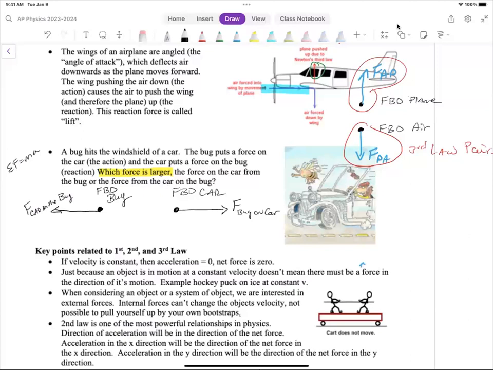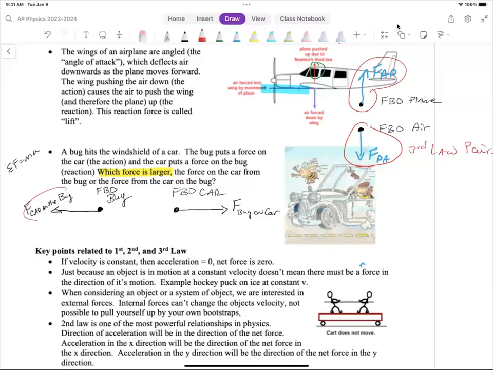So the acceleration that the bug is going to experience is substantial, because of its small mass. So there's where the size of the car and the bug comes into play. It's not the force that has the impact on the change in motion, it's the mass. But again, the forces are the same.